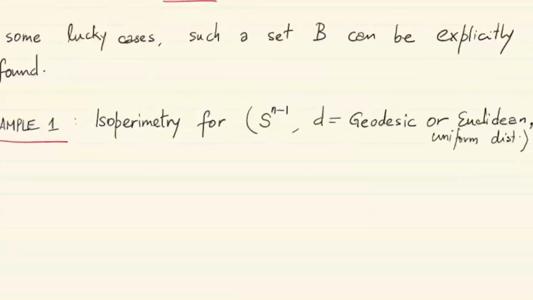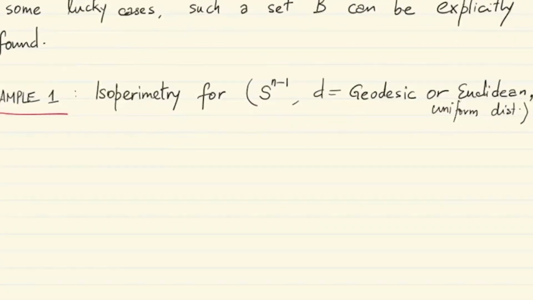The first one is isoperimetry for the uniform probability distribution on the surface of the unit ball in n dimensions. So S^(n-1) is notation for the surface of the unit ball in n dimensions. It's the set of all x in R^n such that their L2 norm is exactly equal to 1. And imagine that there is a distance measure, a metric on the surface of the unit ball.